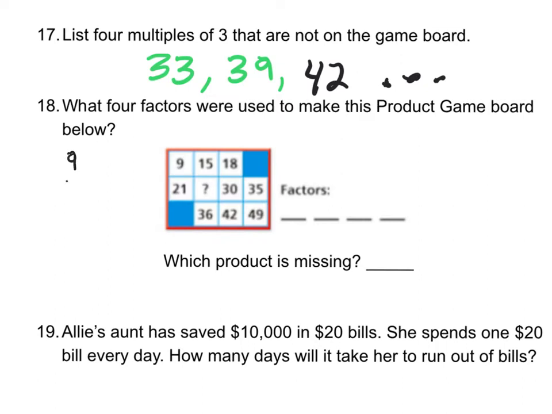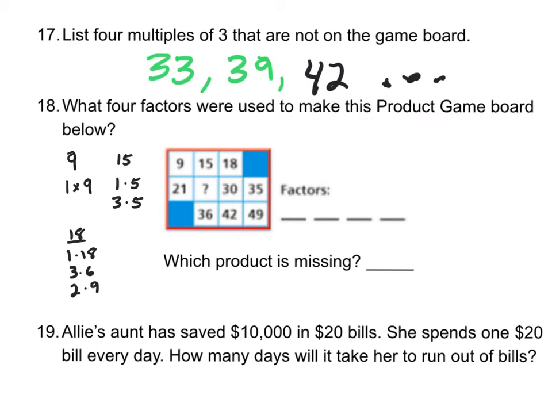I know that 9 is 1 times 9. 15 is 1 times 15, 3 times 5. 18, let's see, 1 times 18, 3 times 6, 2 times 9.